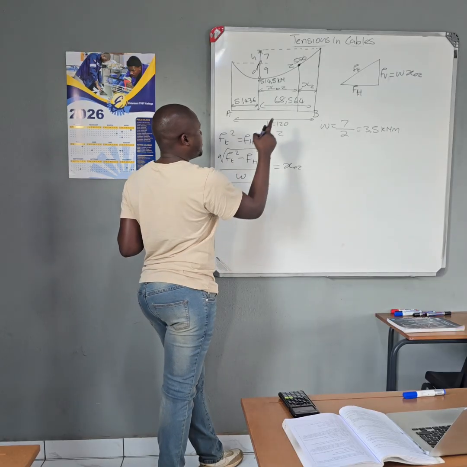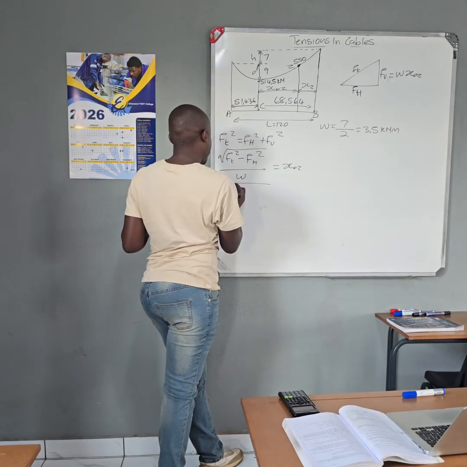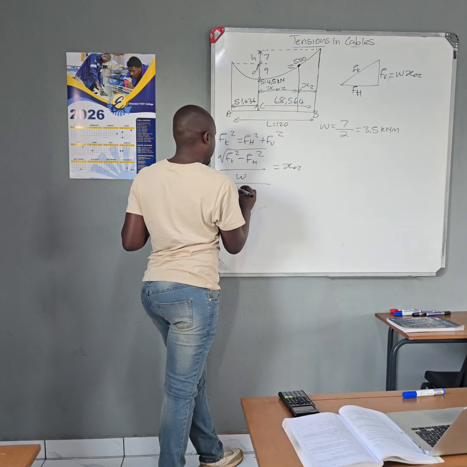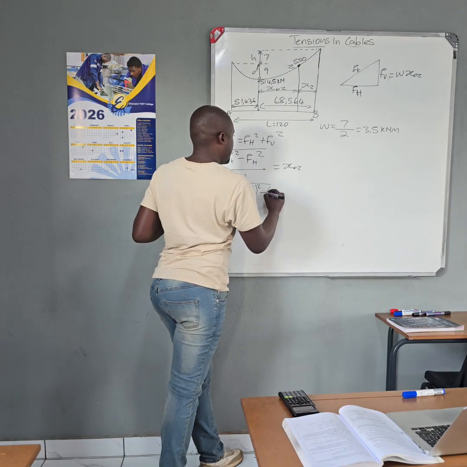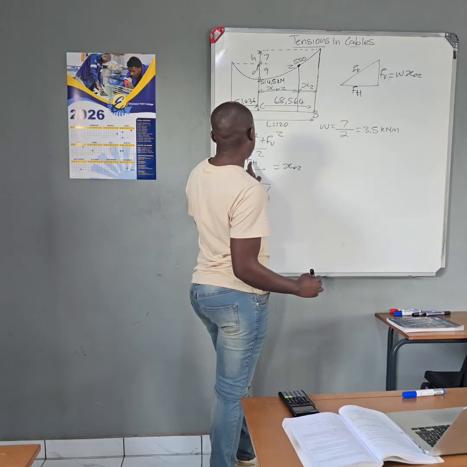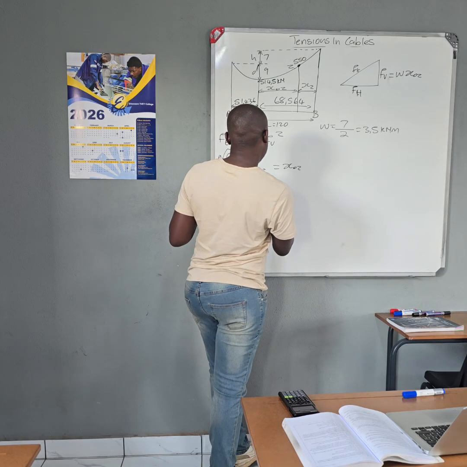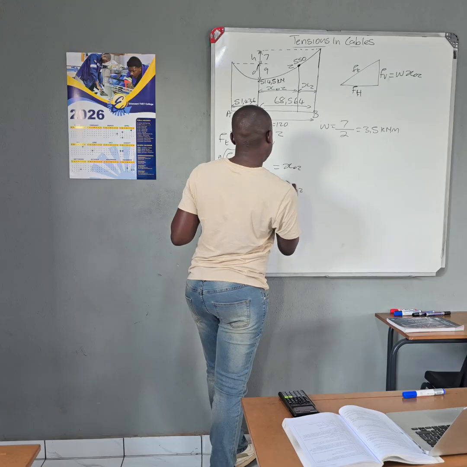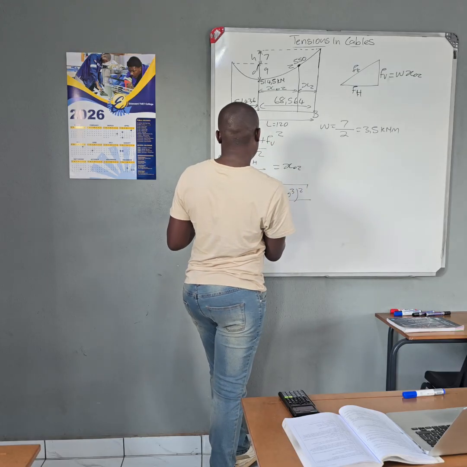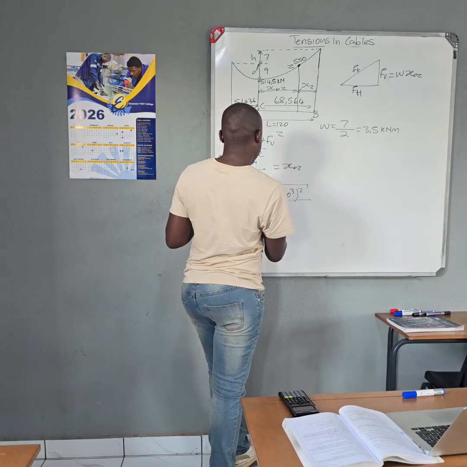Then, now, let's substitute here and find our XOZ. So, we're having FT that is equal to 550 times 10 to the power of 3 squared minus our FH, which is 514 times 10 to the power of 3, also squared. All this is going to be divided by 3.5.